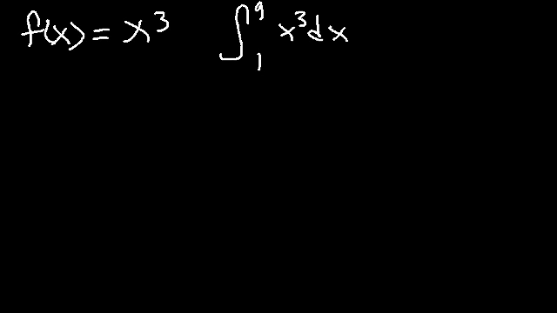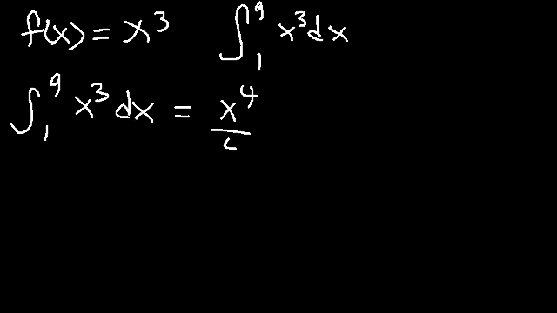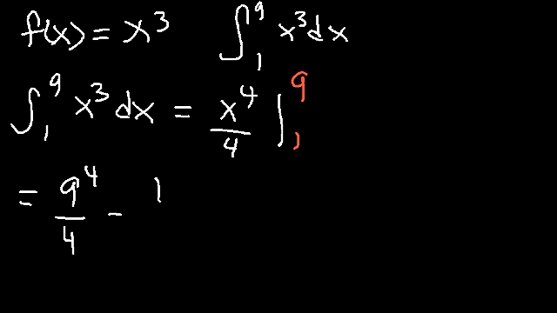So first, let's find the exact answer. The antiderivative of x cubed is x to the 4th divided by 4, evaluated from 1 to 9. So this is going to be equal to 9 to the 4th over 4 minus 1 to the 4th over 4.